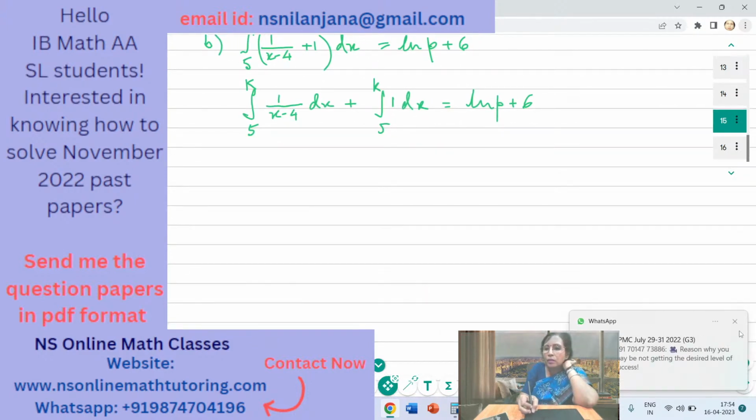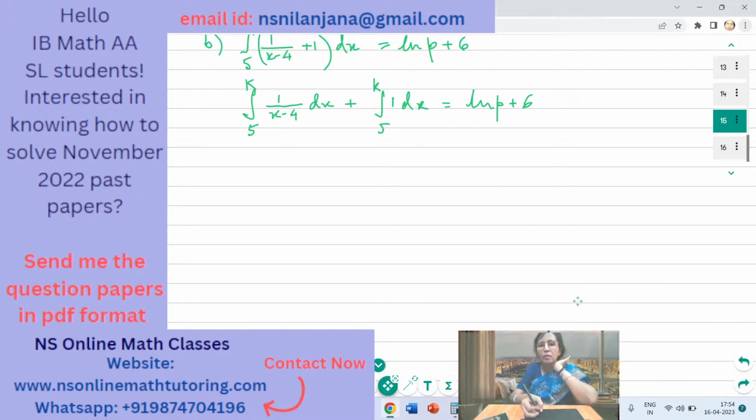If you are confused about what this will be, ln of x minus 4, or you do not know what this will be, you're not sure of that, you go for substitution. Whenever you are having any doubt, you just substitute. That is the best method. Don't just assume and do something wrong with the signs. So I'll substitute. Very timid person, so I'll substitute.